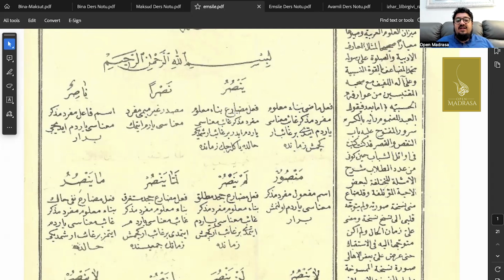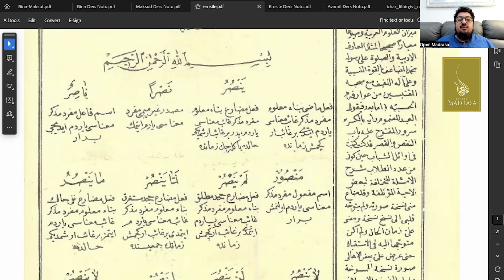Likewise, yansuru fi'li muzari binay ma'lum mufrad muzakkar ghaib ma'nası yardım eder. So yardım eder means that he helps, meaning it could be present or future. Hence he says bir ghaib er, singular third person masculine. Şimdiki halde, present tense, or gelecek zamanda, in the future tense. So that's mentioned.